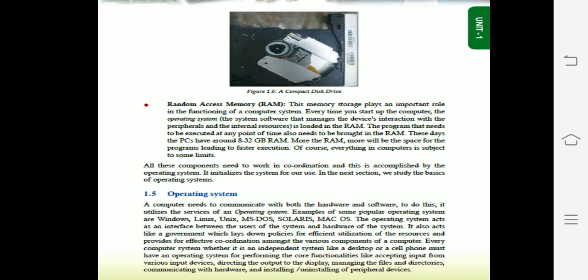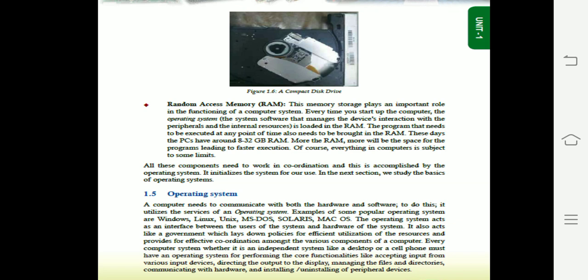You know very well the software is divided into three categories: system programs, application programs, and utility programs. One of them is the operating system. It falls into the category of system programs.